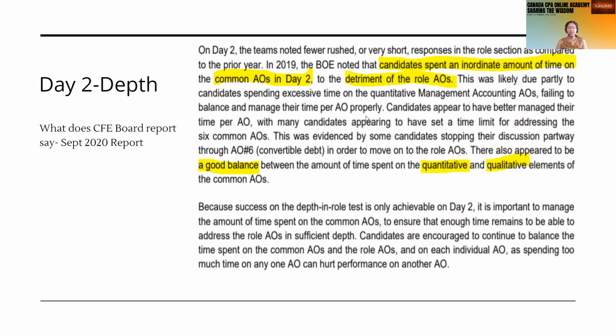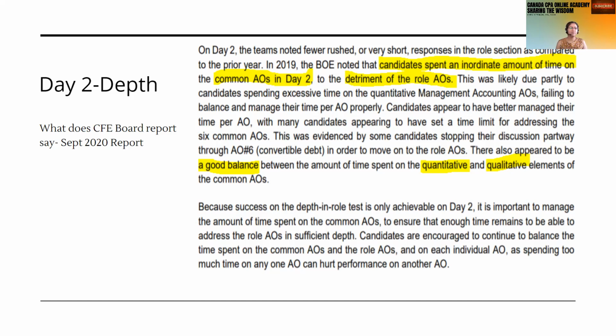This is a very common problem, that MA, due to being quant heavy and having a qualitative aspect, takes so much time. There was one AO in September 2020 day two where you were supposed to calculate the current cost with airport, without airport, and what would be the bid amount. It was such a lengthy calculation, and there were a lot of qualitative aspects as well.